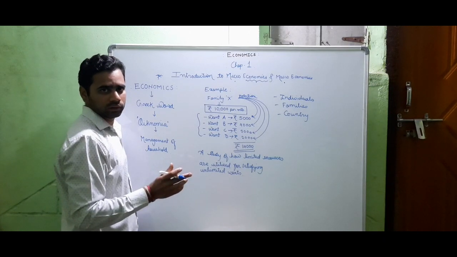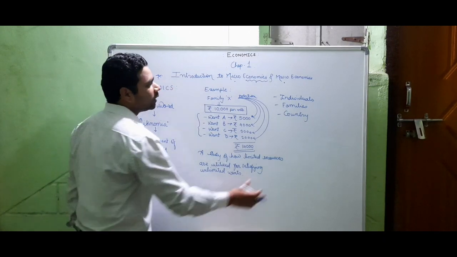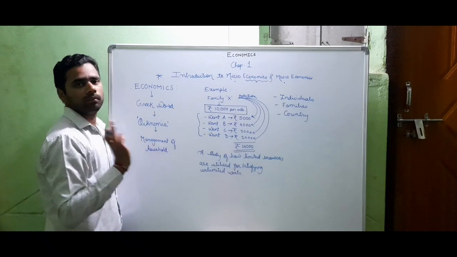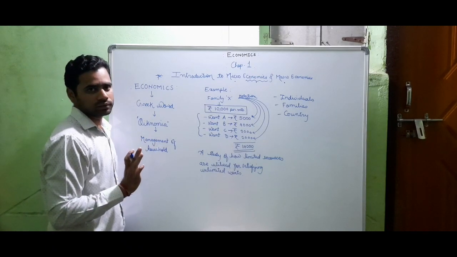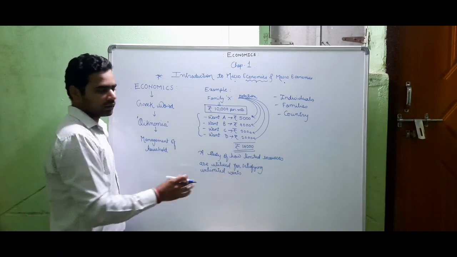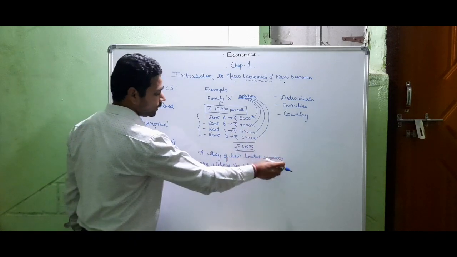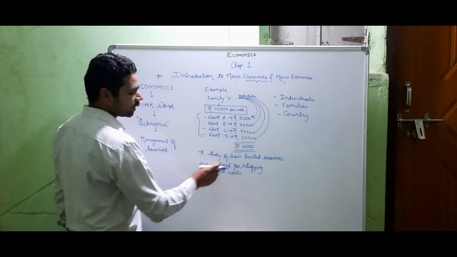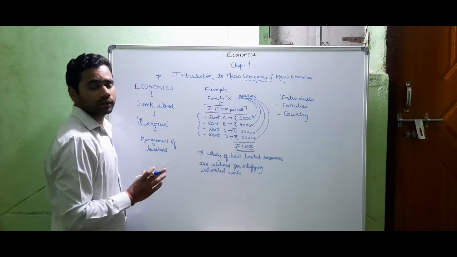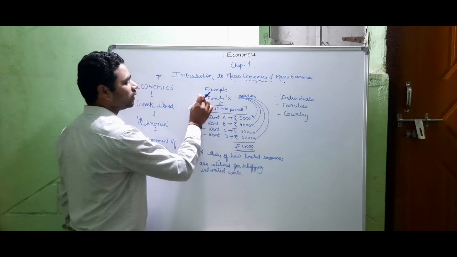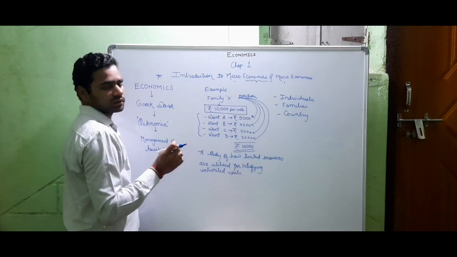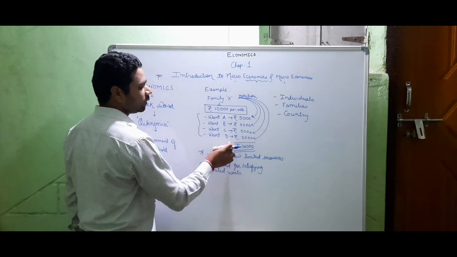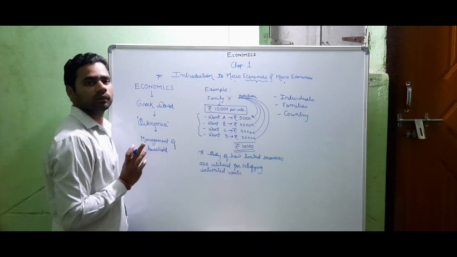Okay, so this is all regarding the meaning of economics, where we can conclude that it is a study of how limited resources are utilized for satisfying unlimited wants, just like family X is required to do in this example.